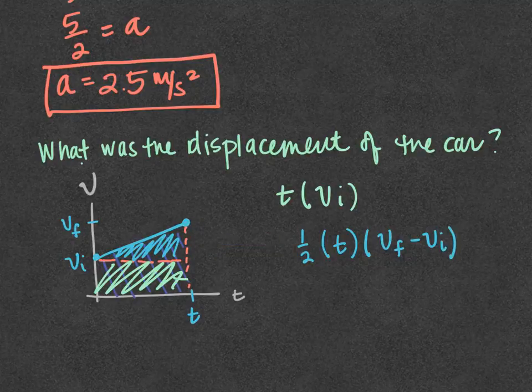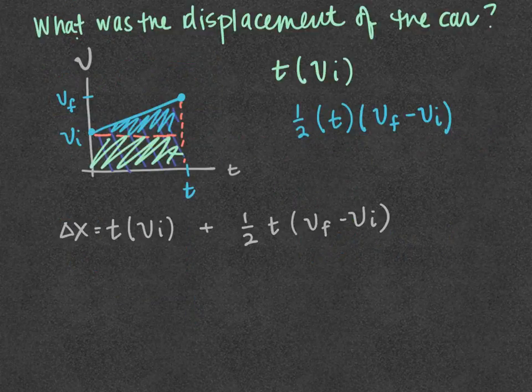So now we want to put these two together to get the total area. So if I have the area of the rectangle plus the area of the triangle, I'll have the area of the whole shape. So I get that the change in position is equal to time times the initial velocity plus 1/2 time times the final velocity minus the initial velocity.